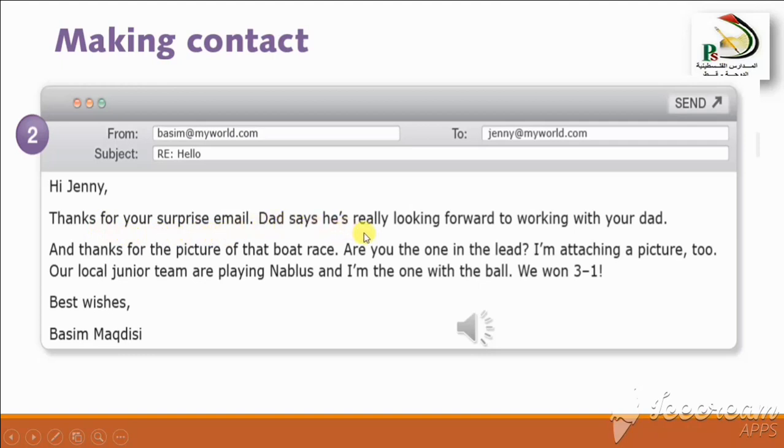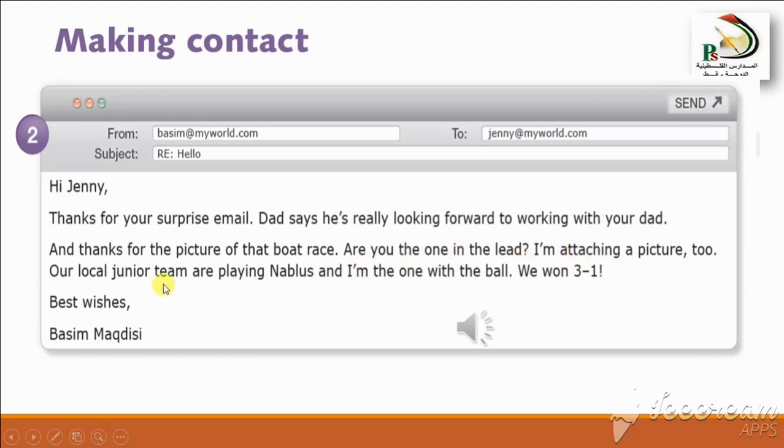His dad says that he's really looking forward to working with your dad. And both of them are going to work together. And thanks for the picture of the boat race. Are you the one in the lead? Meaning, are you the one at the front? Now he is also attaching his picture.